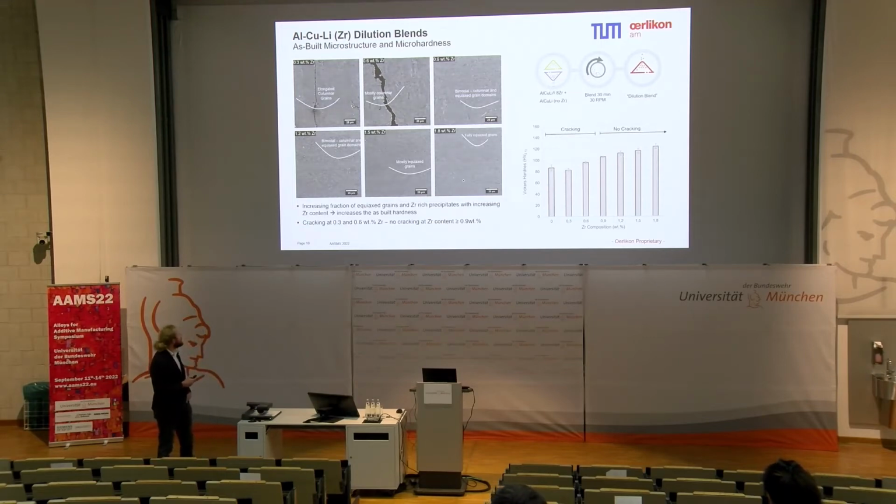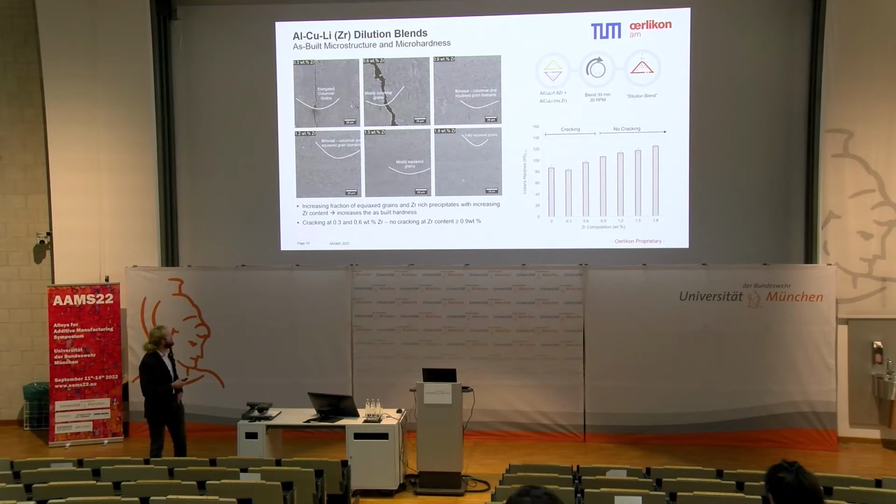I hope you all saw Frank Palm's talk yesterday. And with increasing zirconium content, we can see an increasing hardness due to two factors that are not quantitatively separated here. First of all, a traditional Hall-Petch grain refinement effect, and also an increasing volume fraction of the zirconium-containing precipitates.